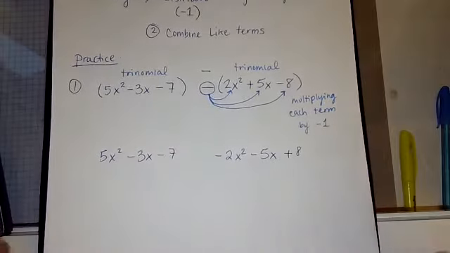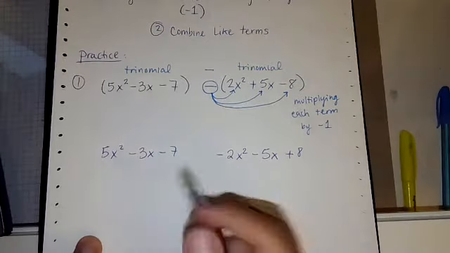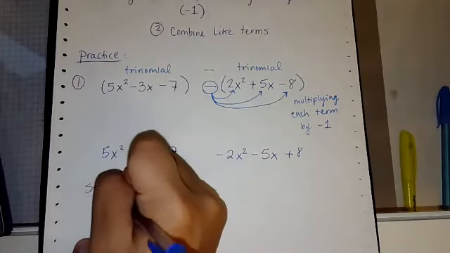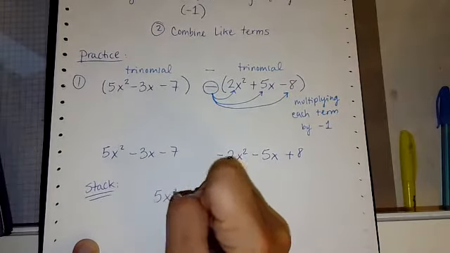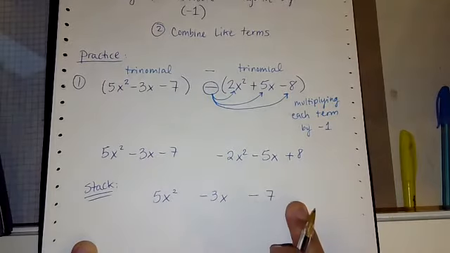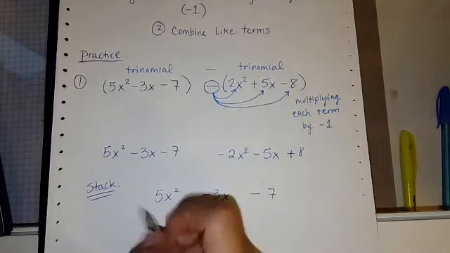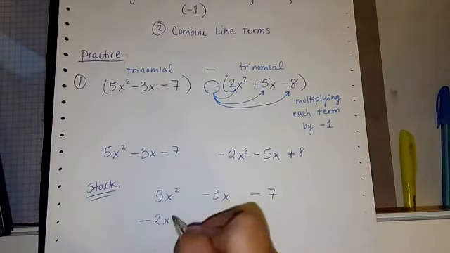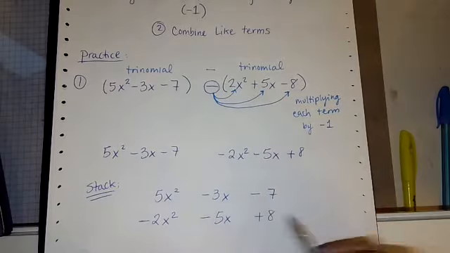And now it's just a matter of combining like terms. So if you guys like the stacked method, we can stack these terms now. We can have 5x squared minus 3x minus 7. That's the first polynomial. And then we're just going to stack these terms. So we'll have minus 2x squared minus 5x plus 8.